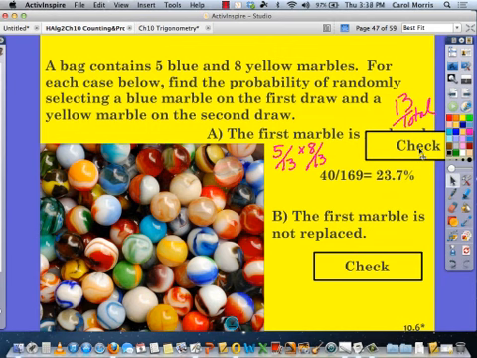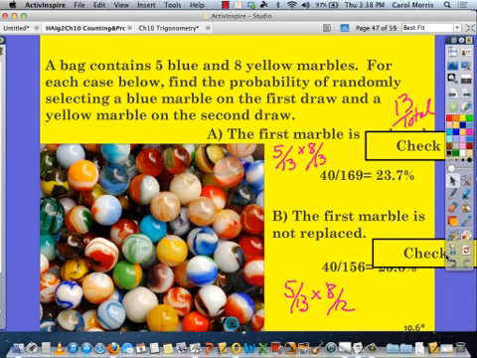which then reduces to 23.7%? The second choice is we're going to do the same draw, but this time the first marble is not replaced. So if we do the same situation and get 5/13, how is it affecting our second draw? 5/13 was the first, nothing's affected, but now we're not going to put the marble back, and we want a yellow on the second one, so we'd have 8 chances out of now a total of only 12. 8/12, so you could reduce that and multiply, or you could just multiply.